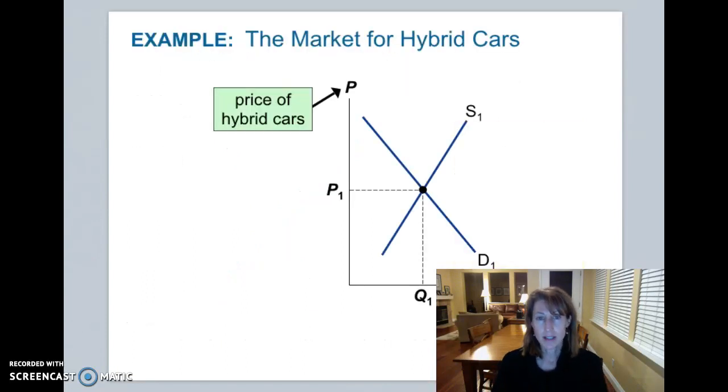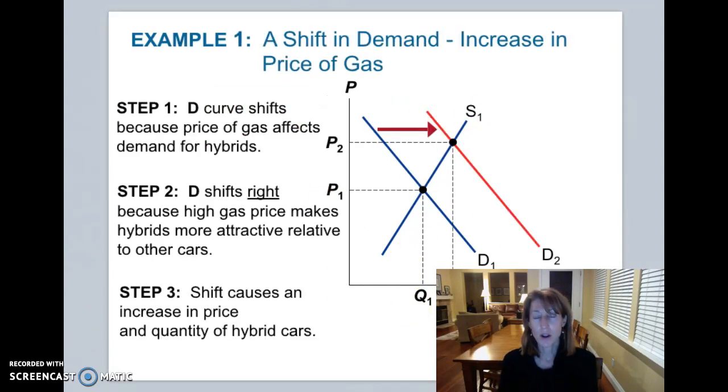So let's go through an example of hybrid cars. Let's say this is an equilibrium where we're not going to specify price, we can just call it P1 and Q1, an equilibrium price and quantity for hybrid cars set by supply and demand. And then what if I were to tell you that, oh my goodness, there's a shift because there was an increase in price of gas. Step one, you need to think about which curve shifts.